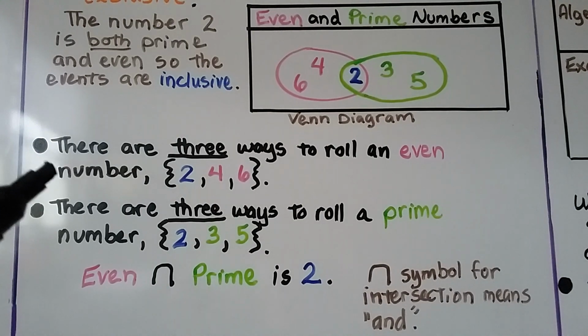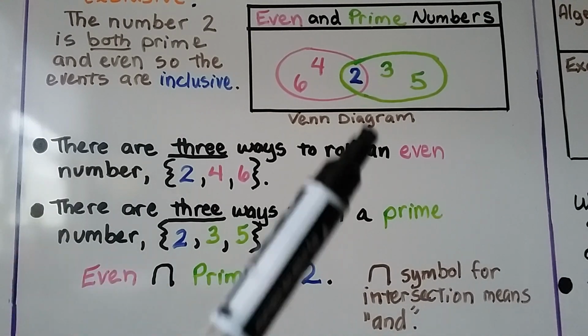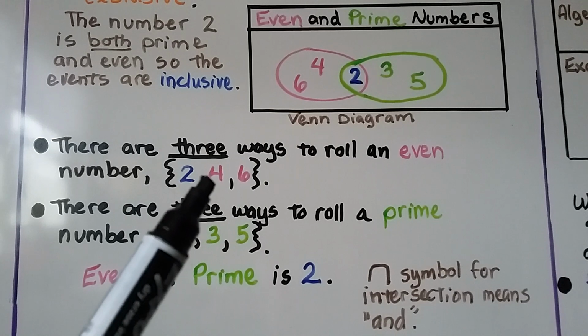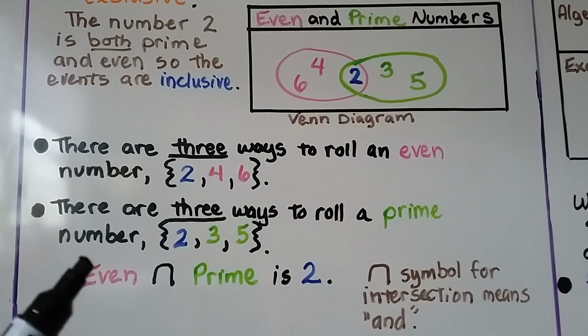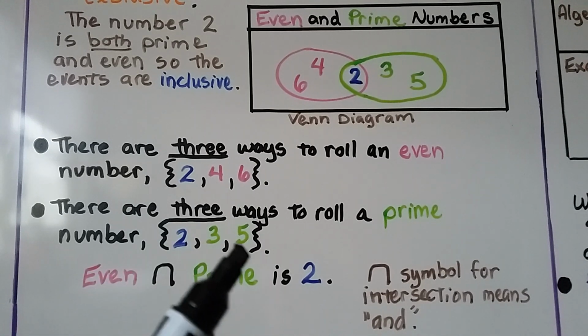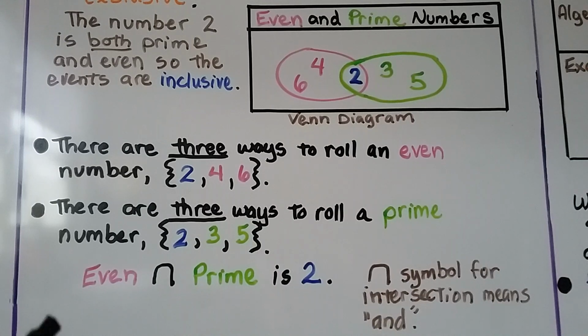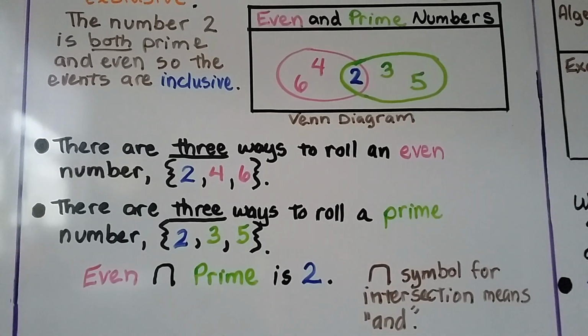So there are 3 ways to roll an even number: a 2, a 4, and a 6. And there are 3 ways to roll a prime number: a 2, a 3, and a 5. So even and prime is 2. This symbol is an intersection, and it means and.